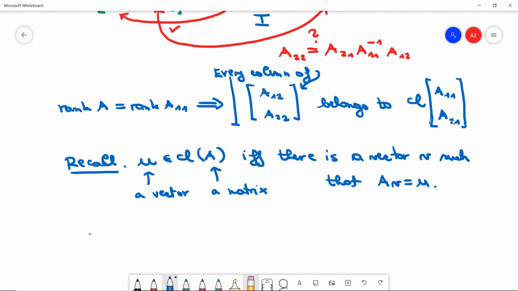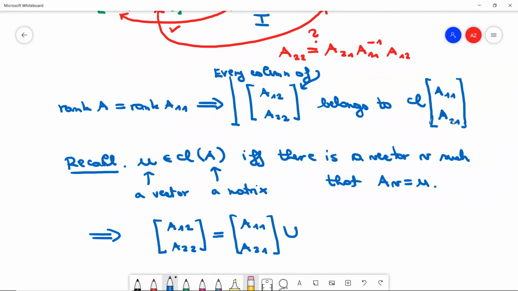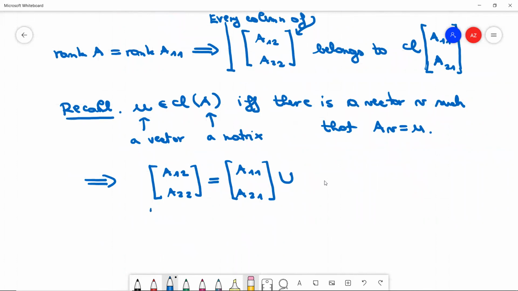And what we get is that A12, A22 is equal to A11, A21 times some matrix. In this matrix U consists of the vectors U1 up to U m minus r.